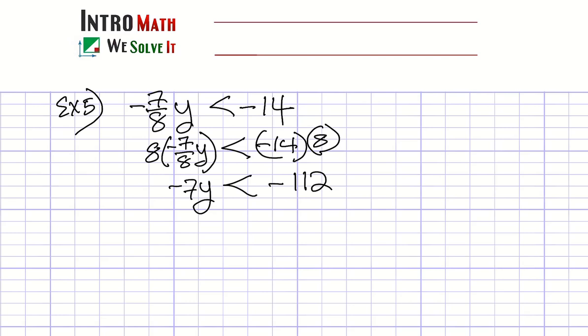Now you divide by -7 to get rid of -7, and that's where the order changes. So -7y, the order changes, then -112 divided by -7. You see that.